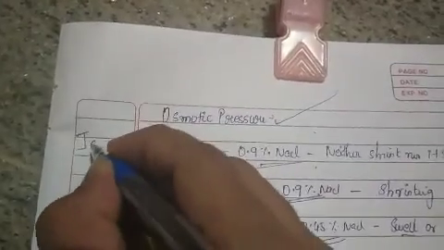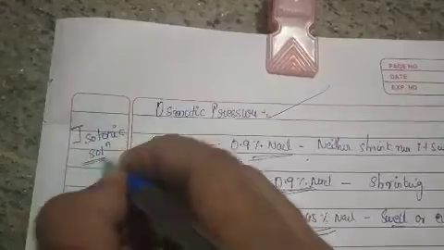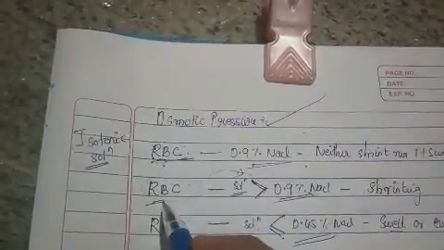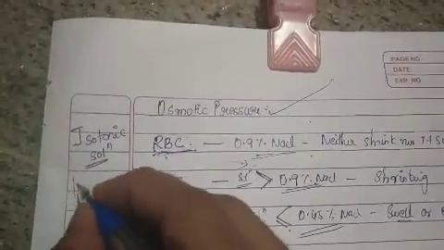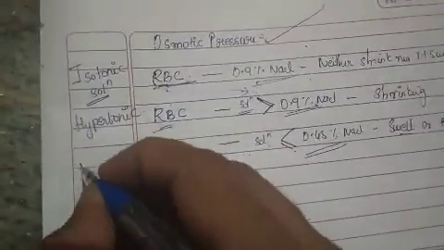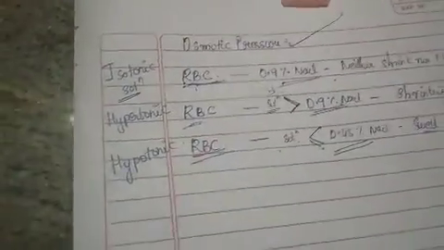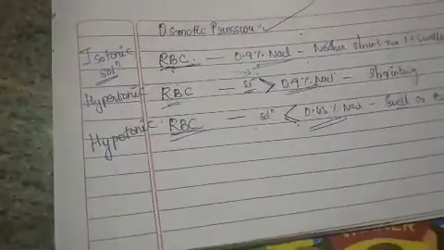The first is called an isotonic solution. The second, whatever we have seen, the shrinking part, is called a hypertonic solution. And the third is called a hypotonic solution. So how are you going to define this?